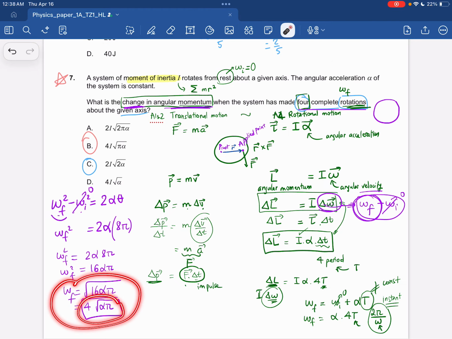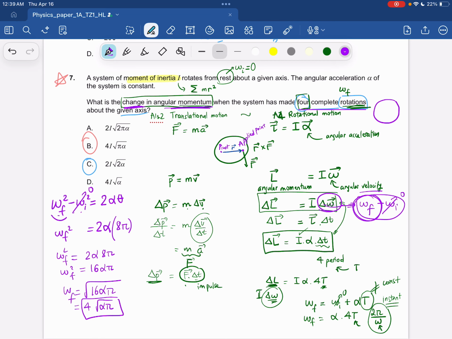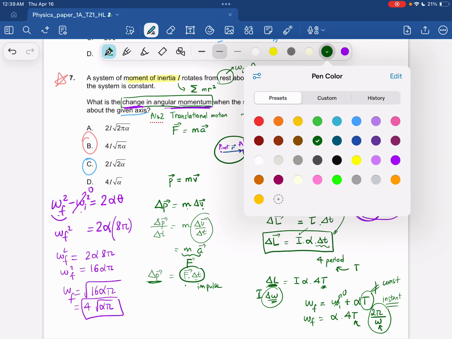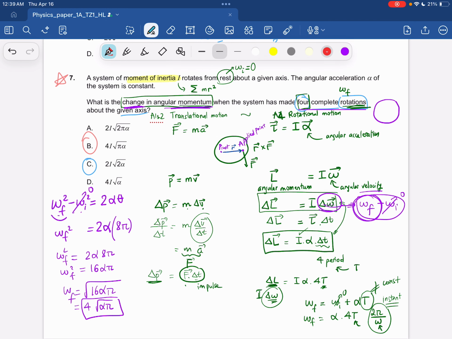So if you plug this one back into this one, times the I, then this is the answer, right? So that's the B. Basically for this conclusion, we use this equation. Let me use the red color then: delta L equals I delta omega, and this is like I omega final, right?